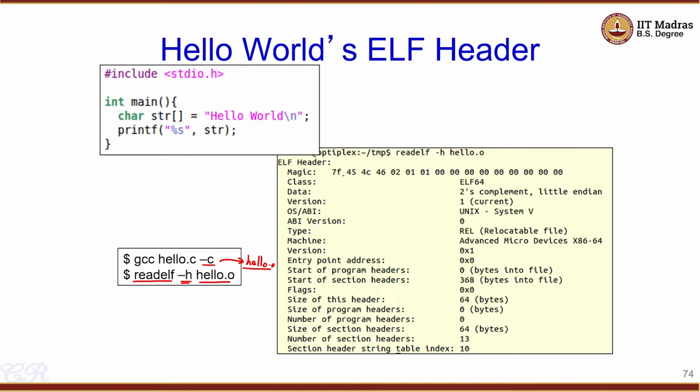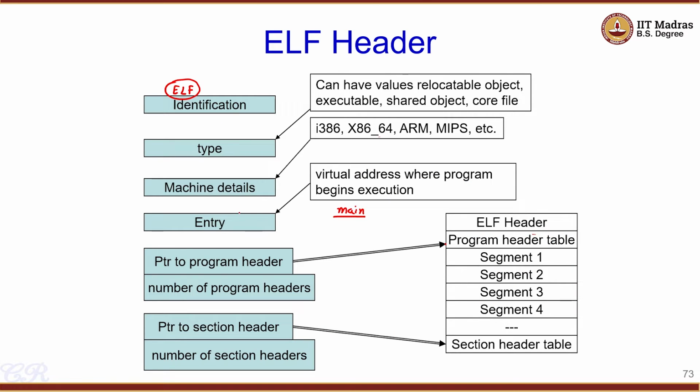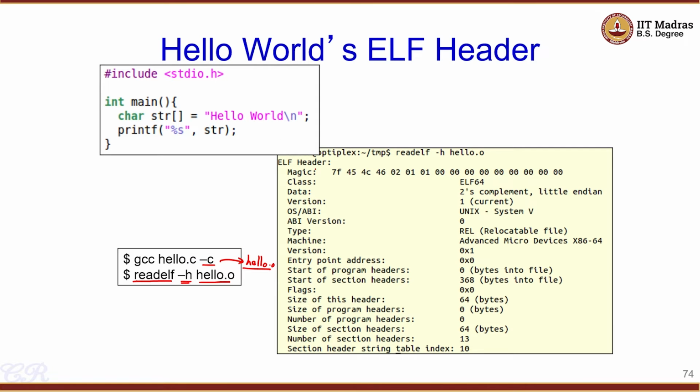First of all, what we see over here is that there are various fields, right? Many of the fields are present here, like identification, type, machine details, and so on. There are a few other fields also present, which for us as of now are not very important, right?